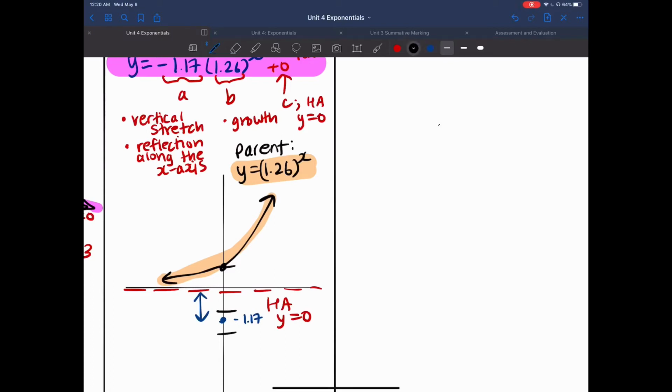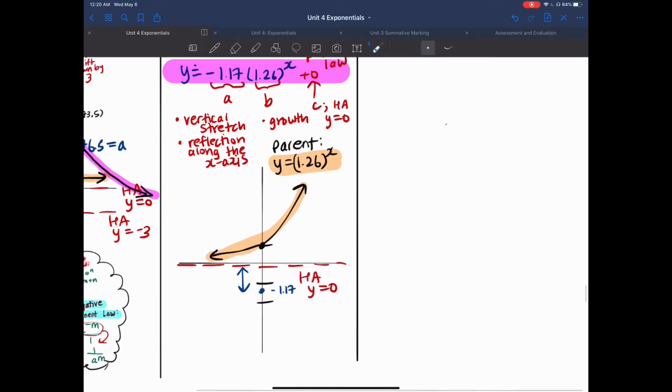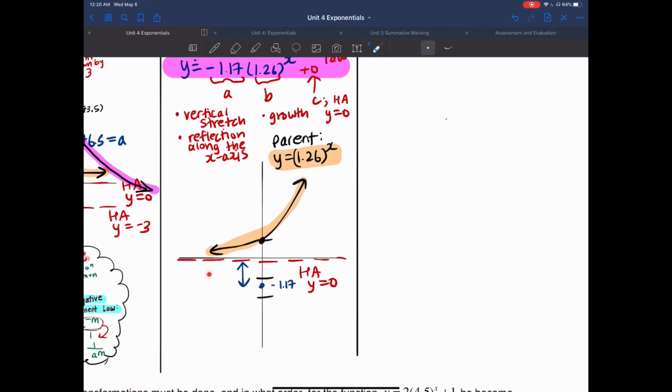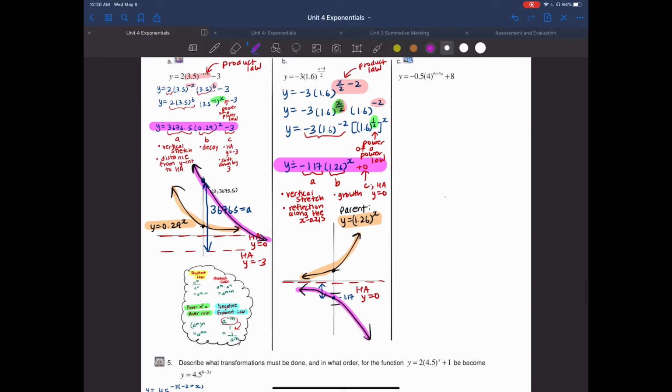And so when I draw my new transformed function, I have a horizontal asymptote y equals 0, but remember I have a reflection along the x-axis, and so the shape of my graph is going to look like this, and not like that, although you might be tempted because it's a growth, but this reflection along the x-axis will make it look like there is a decay instead. Therefore, this is my transformed function.